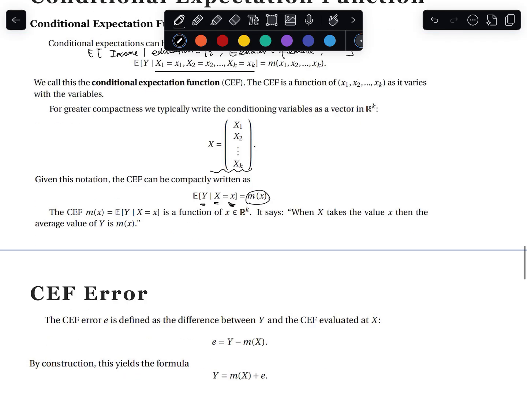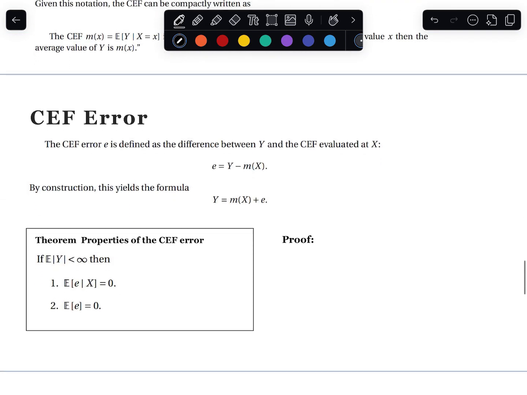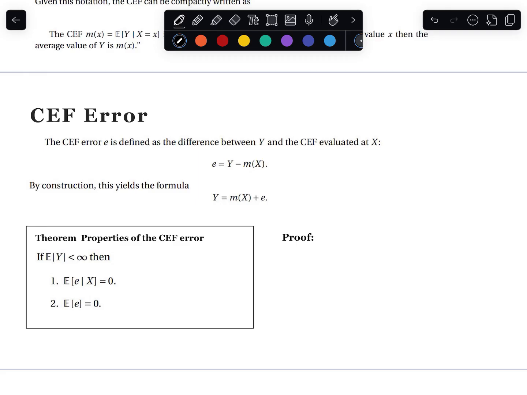And since we have m(x), let me write it down here. So this is the m(x). And we can define the CEF error. The CEF error e is defined as the difference between Y, which is the actual value, and the CEF evaluated at X, which means m(x).